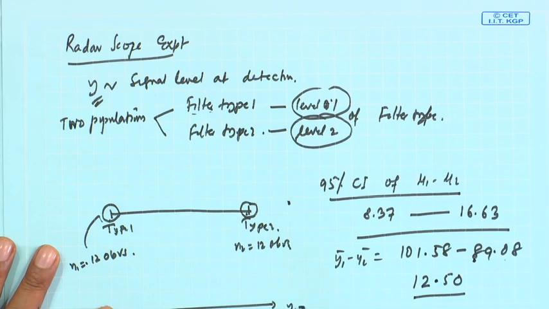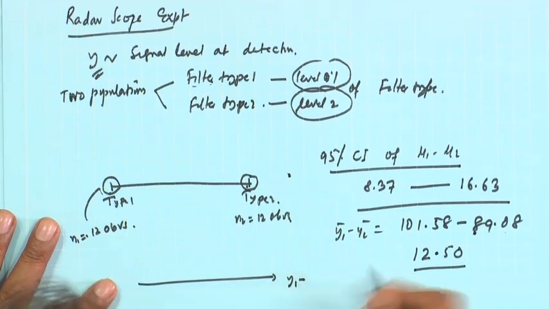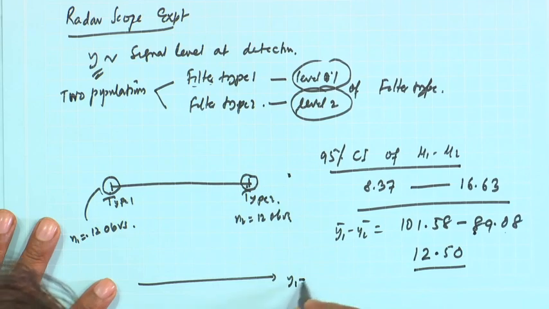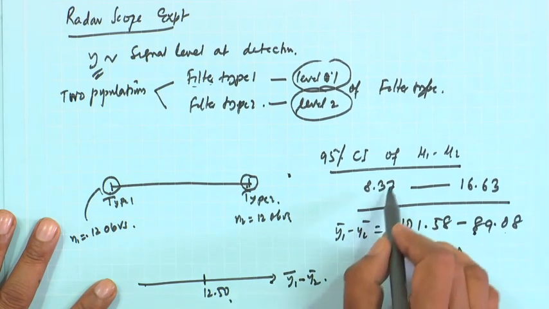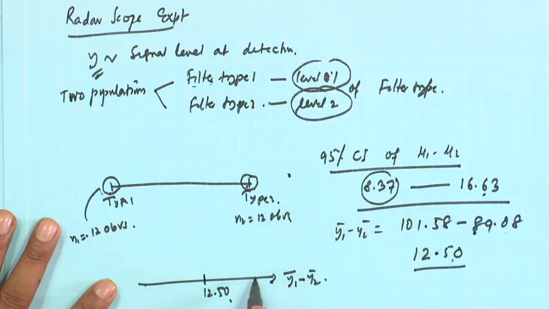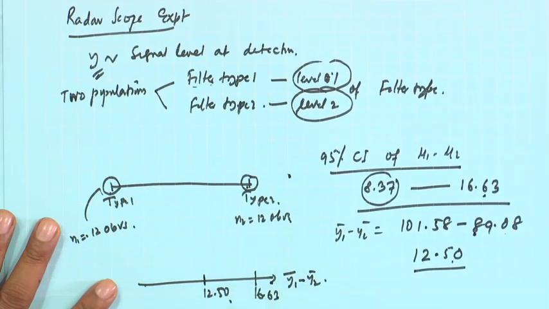So, if I write this side the difference between the two population means, y 1 bar minus y 2 bar, this is the axis, the point estimate is somewhere here at 12.50, and the interval estimate will be 8.37 to 16.63.